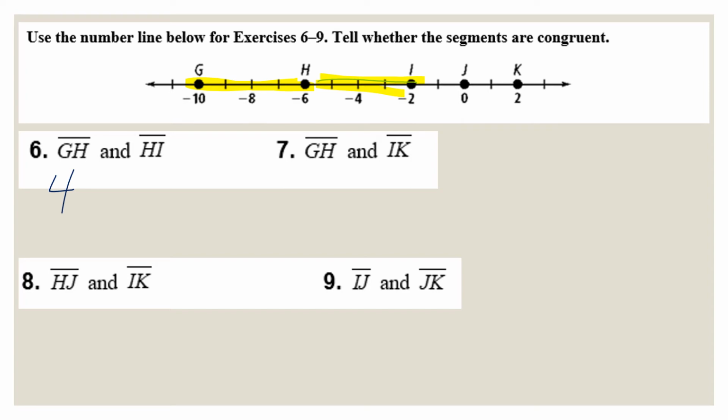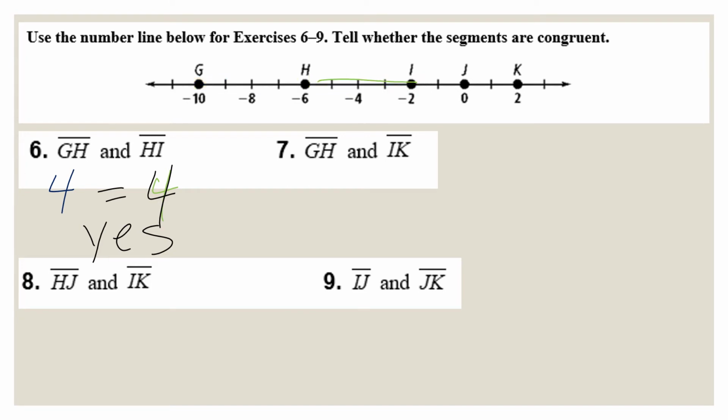That also is 4. Because both of them are equal, GH and HI are congruent. The line segments are congruent.